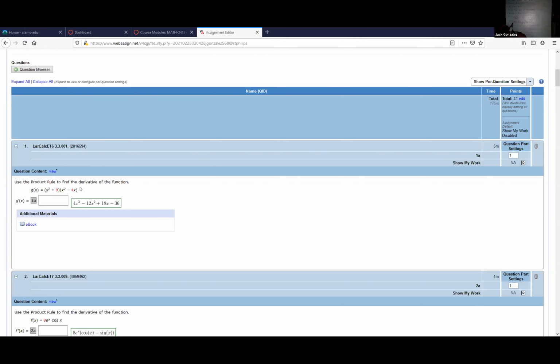I know it says g, but to make it consistent with what we wrote earlier, I'm going to say y is equal to x squared plus 9 times x squared minus 4x. Let me switch over.